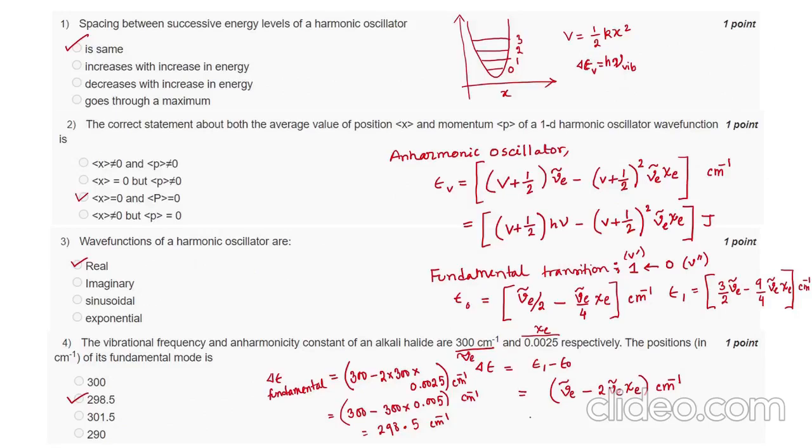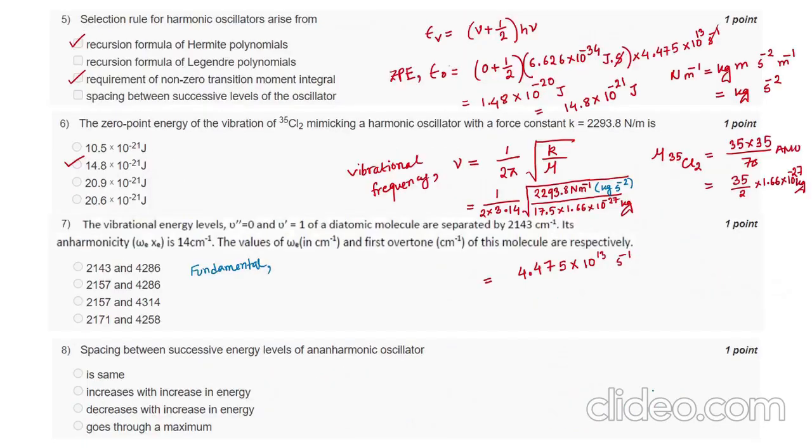See, we have calculated here. So if I take common ωe, it is 1 minus 2 xe centimeter inverse. This is given as 2143 centimeter inverse, which is actually your ωe (1 minus 2 xe).